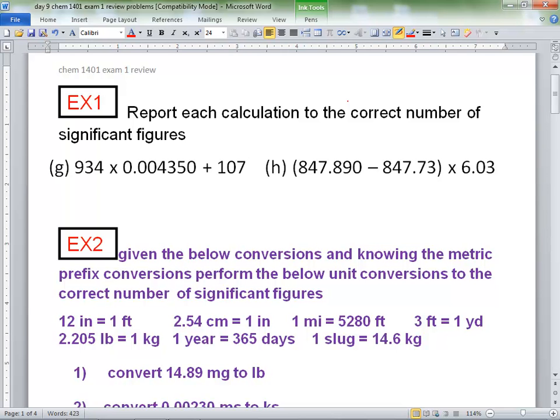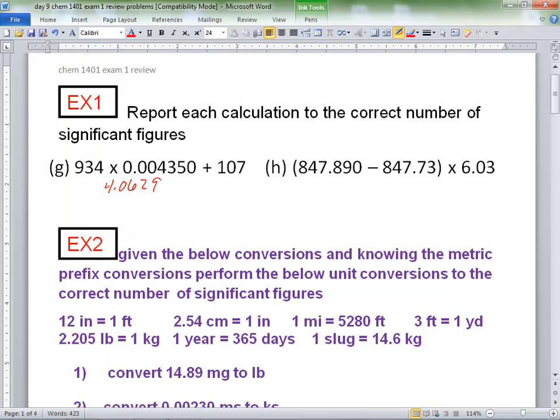She's remembered. The measurement with the least number of sig figs. So I'm going to do this on my calculator. 934 times 0.00435. Okay, I'm going to write down all the digits, because if you remember doing these, you can't do any rounding until the very end.